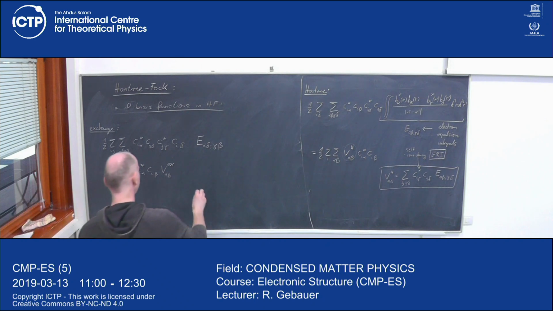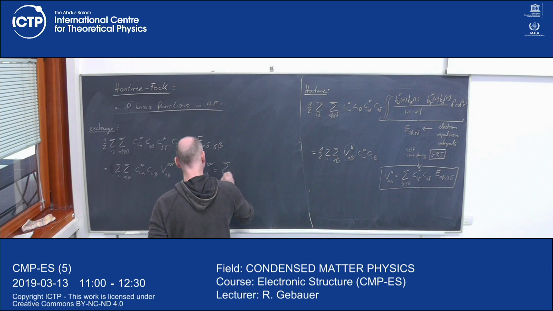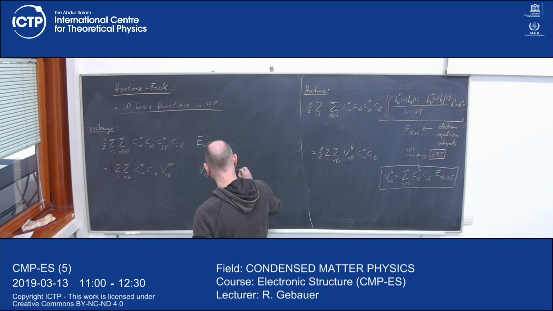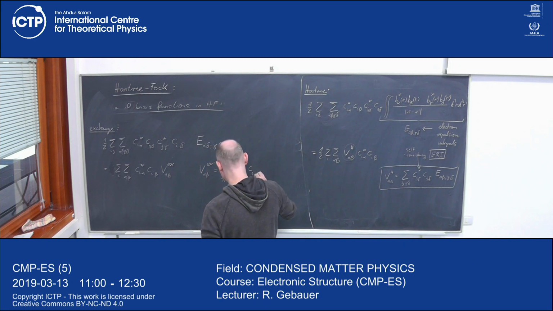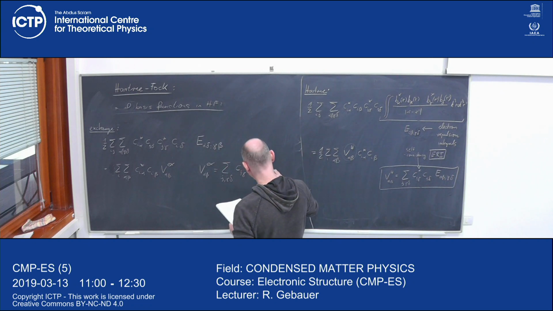And this term here, V alpha beta of the exchange, is a sum over all j, sum over gamma delta, C_j gamma complex conjugate, C_j delta, E alpha delta gamma beta.